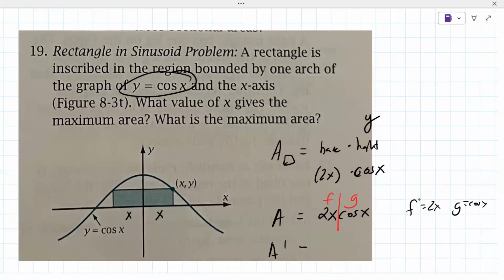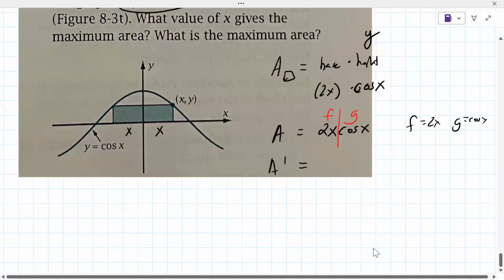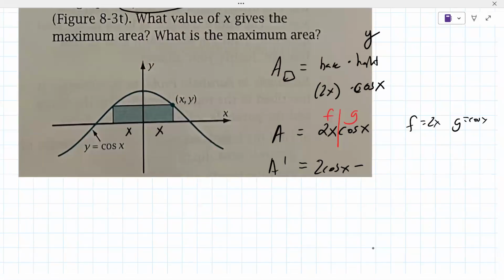Could you take that derivative for us, please? Okay, so 2 cosine x minus 2x times sine x. Like that. All right, so you've got to set that equal to 0.